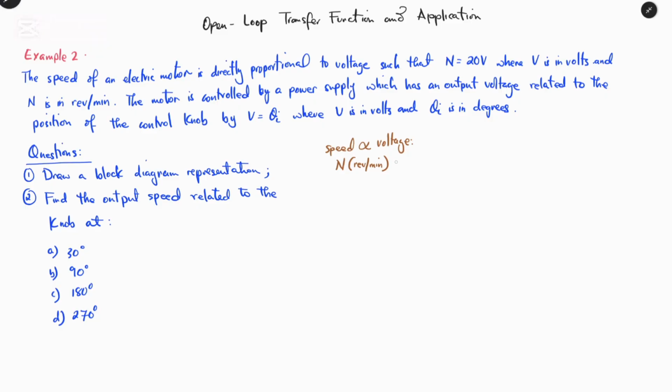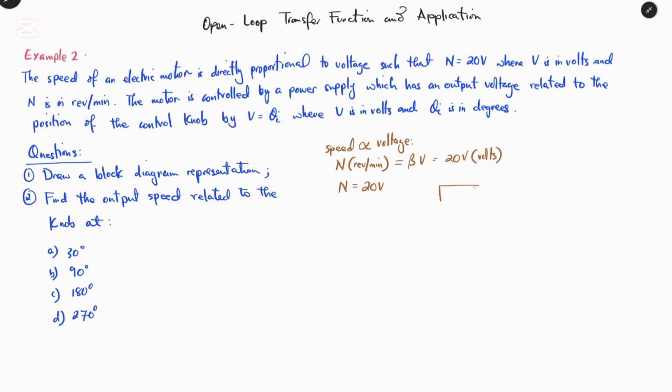When we remove the proportional sign and give equals, we replace it with a gain, such that N equals beta V. The beta is nothing but the gain of 20. It has no unit because 20 is a constant value. So N equals 20V represents the relationship between the speed and the voltage.